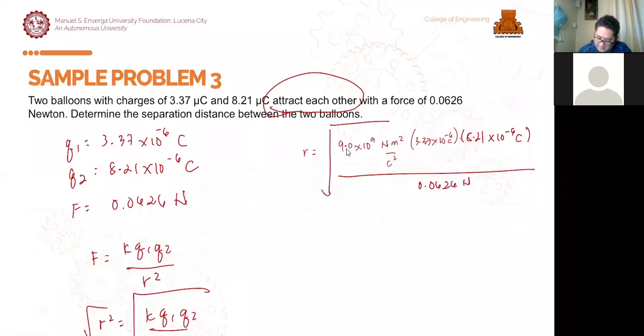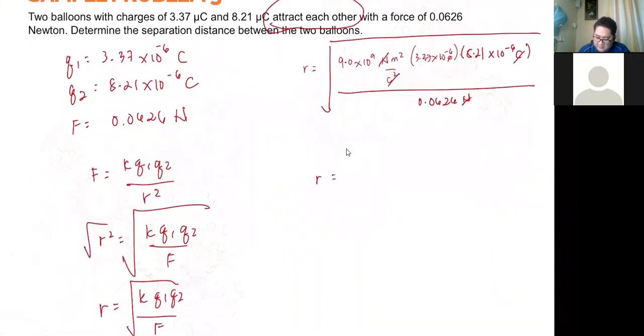Okay? Then the Coulombs cancel, and with the Newton, what remains is meter squared, then square root, what remains is meter.